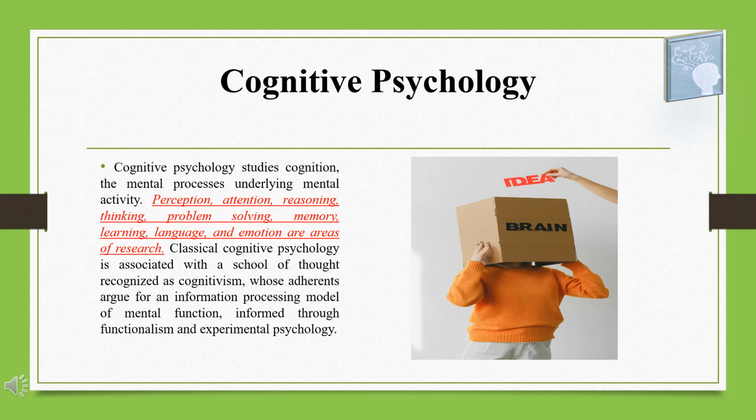Classical cognitive psychology is associated with a school of thought recognized as cognitivism, whose adherents argue for an information processing model of mental function, informed through functionalism and experimental psychology.